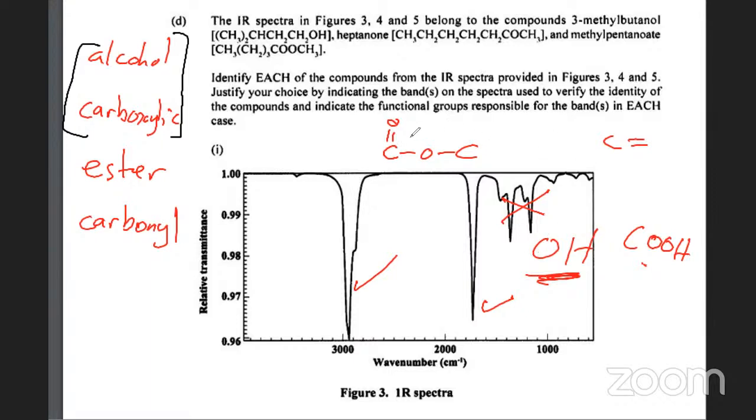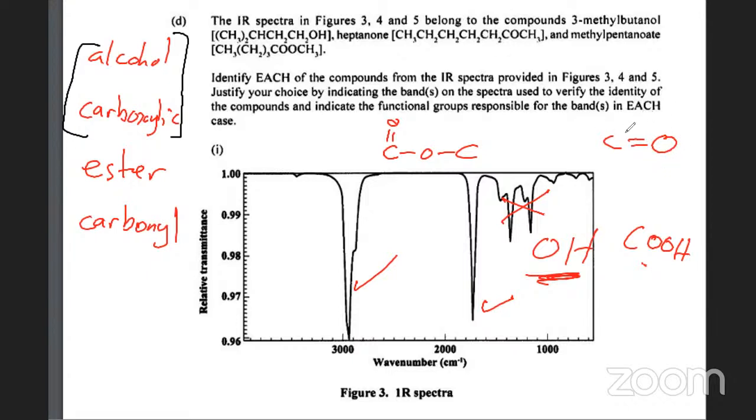The C double bond O will come somewhere about 1600. If you check 2000, 1900, 1800, 1700, and you see a narrow peak anywhere in the 1500 to 1700 region, that is C double bond O, so your compound is in this group.